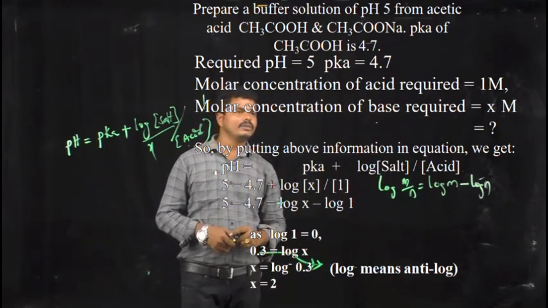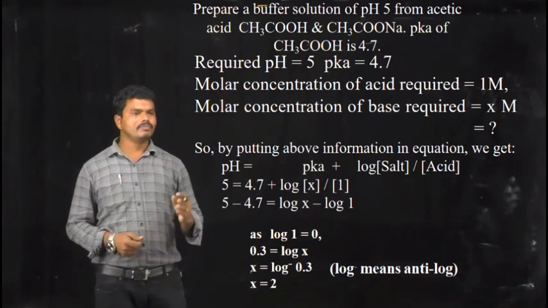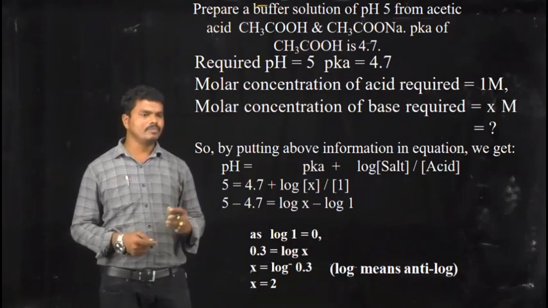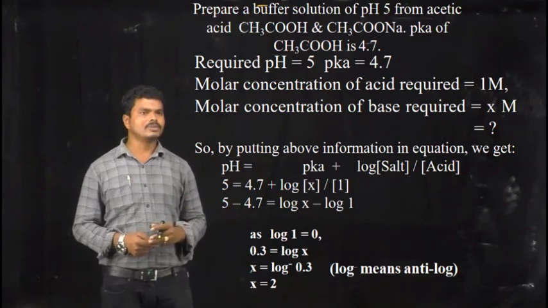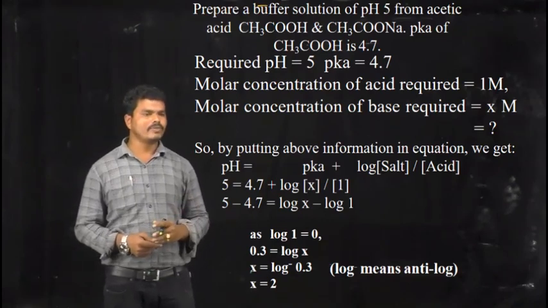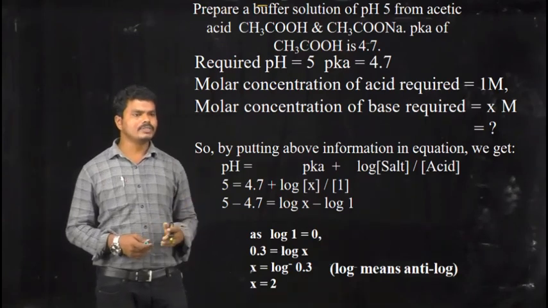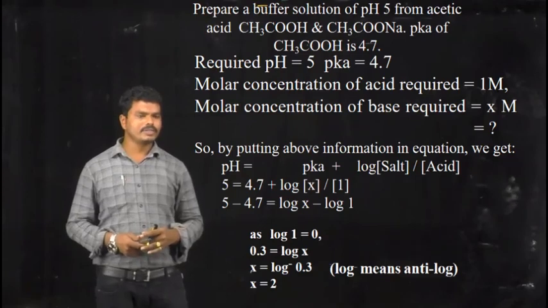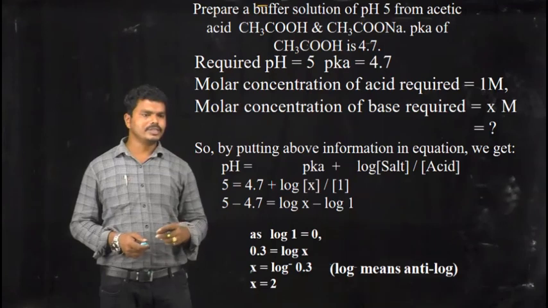Students, up to now we discussed buffers. We discussed the definitions of buffer action and buffer capacity, then the different types of buffers and their mechanisms of action. In the same way we discussed the buffer equations for different types of buffers, applications of the buffer equation, and finally the buffer capacity and its significance.